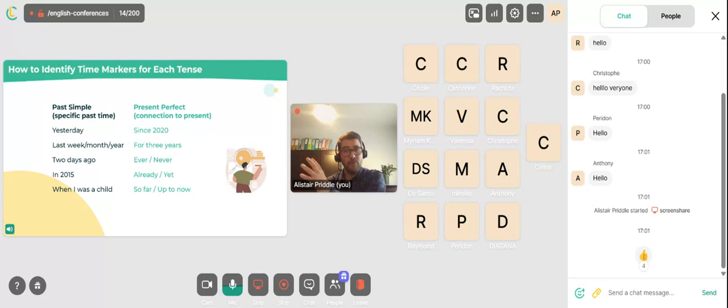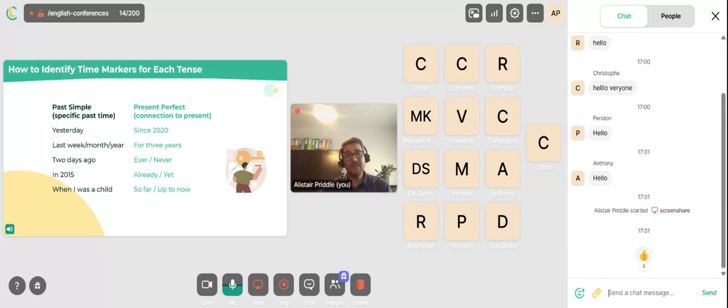Therefore, any action for this time would be in the past simple. I watched cartoons when I was a child. This is completed. I am no longer a child, unfortunately. Now, the second column relates to the present perfect time markers or time phrases.